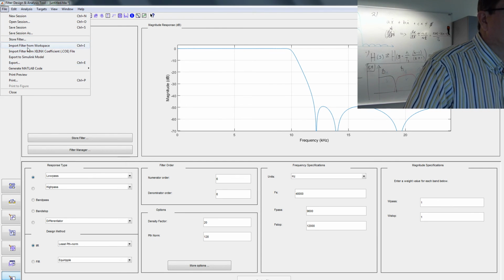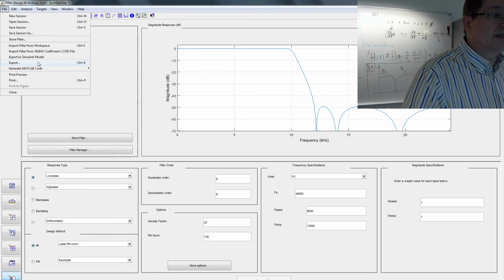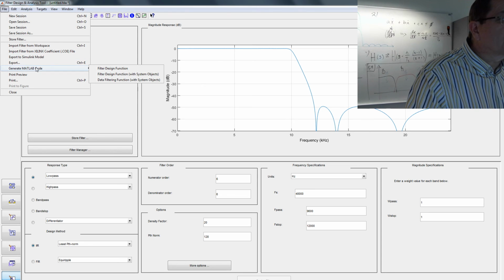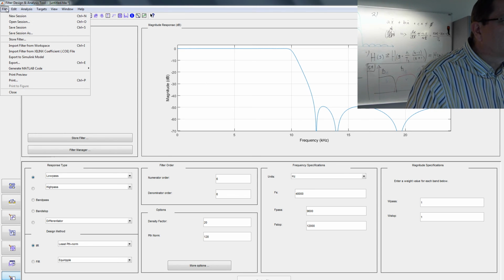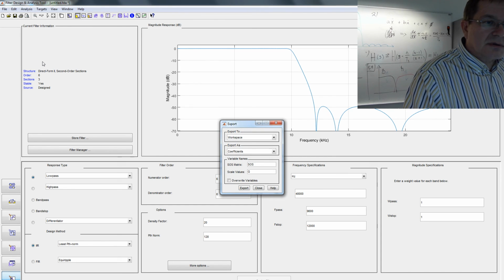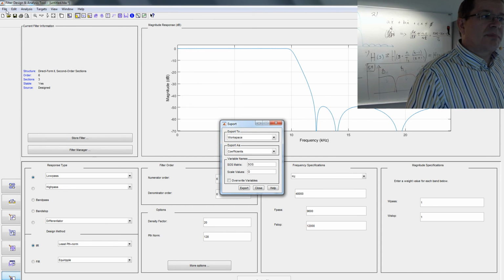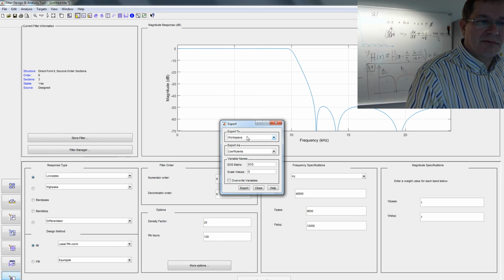If you want to, let's see, export. Well, where is the export, was it export? Okay, there. Clicking export, you can get the coefficients of these filters to the MATLAB workspace.